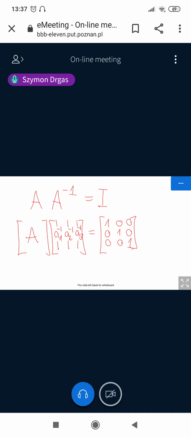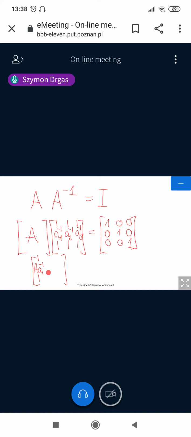So it means that we can write it, I think it would be better to write it below these two matrices. This product of these two matrices can be written like this: the first column is A multiplied by A1 inverse.